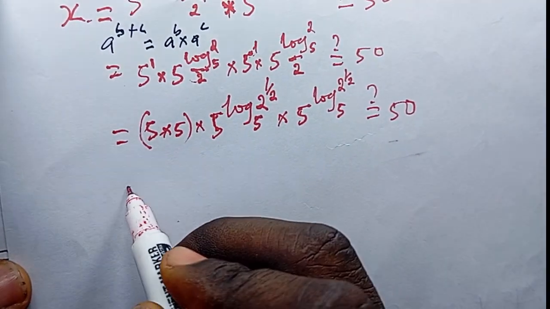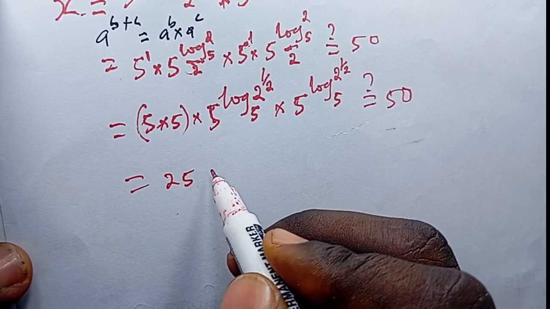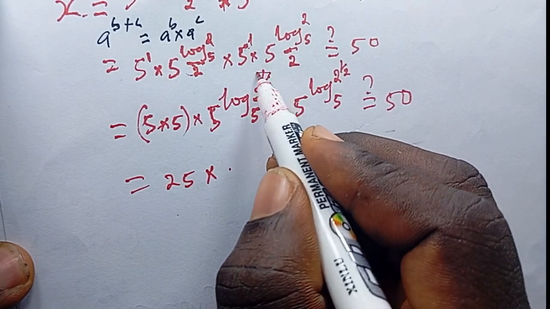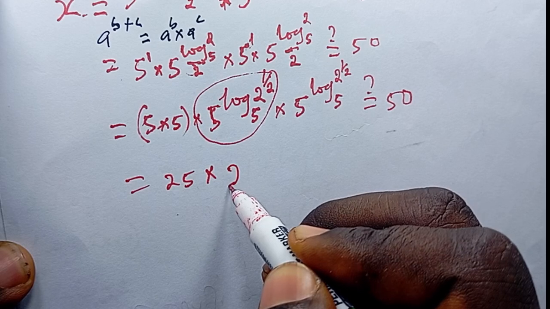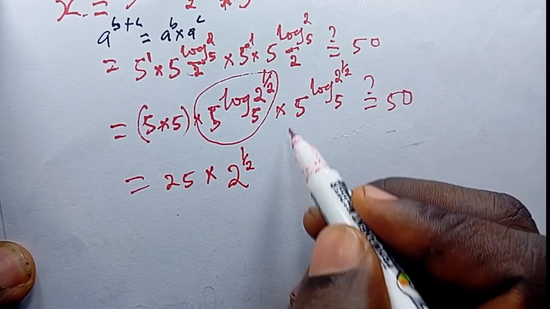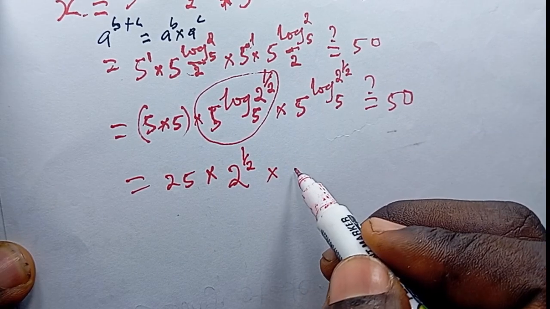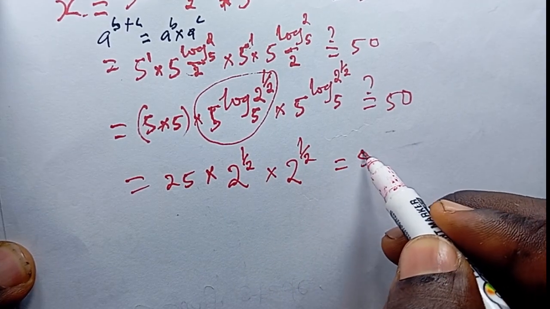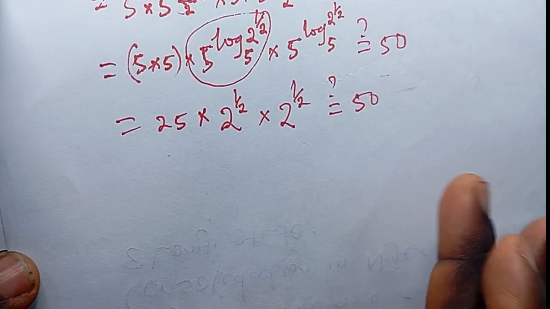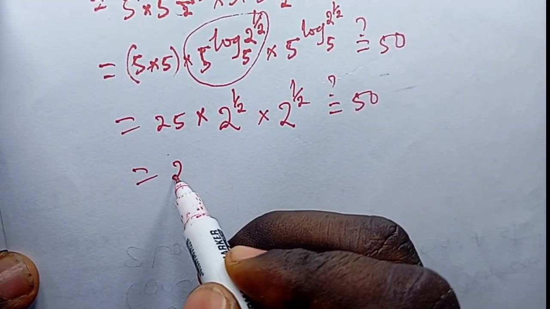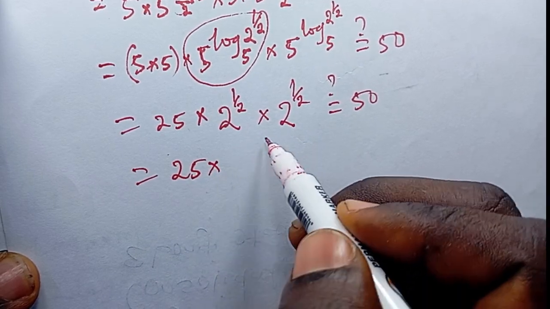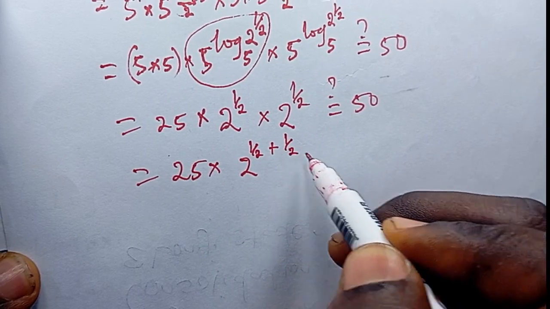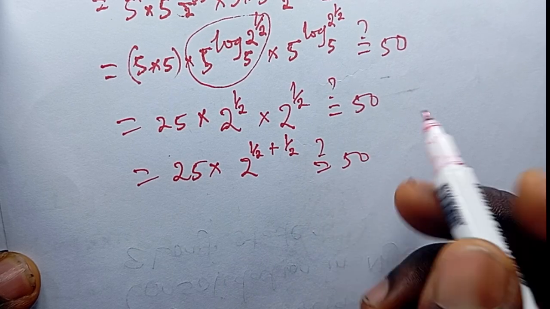Moving on, 5 times 5 here is 25, multiplied by what we have. This whole thing is going to collapse to 2 power 1 over 2, and this one will still collapse to 2 power 1 over 2. And then this will equal 50. Still using the product rule, I'm going to put these two together, 2 power 1 over 2 plus 1 over 2. Will this be equal to 50?